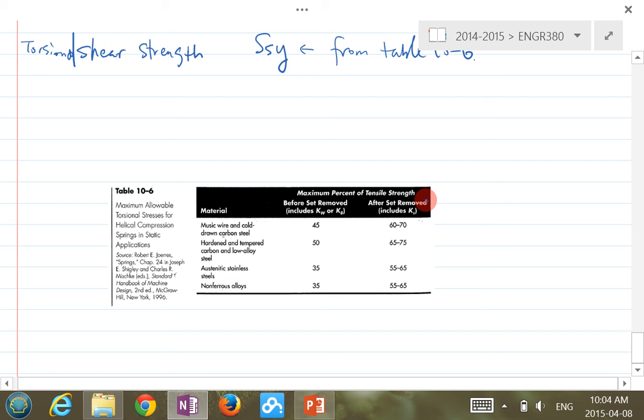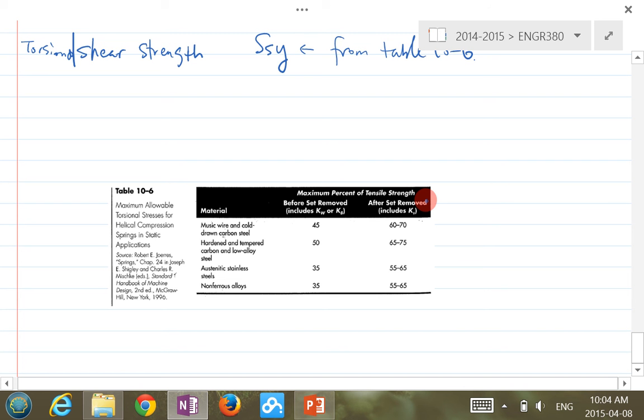Sometimes we don't want that to happen. Then what do we do? The manufacturer will do a process called set removal. If this is your desired free length, they manufacture the spring, say, 30% longer than your desired length. Then they subject the spring to a load until fully closed, and then let it go.